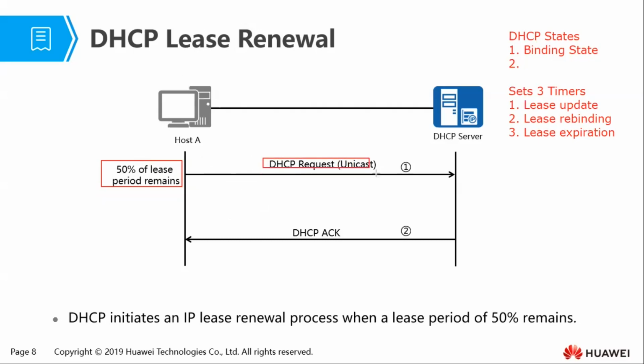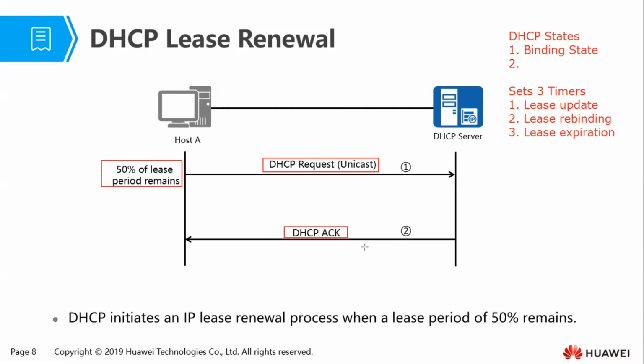You send a DHCP request to the server, to the specific server that assigned you that particular address. If that server allows you to continue using it, the server will send you a DHCP acknowledge.